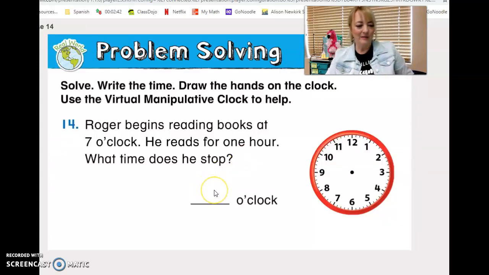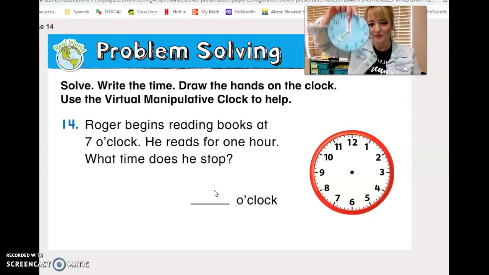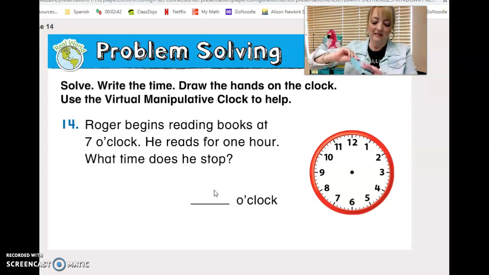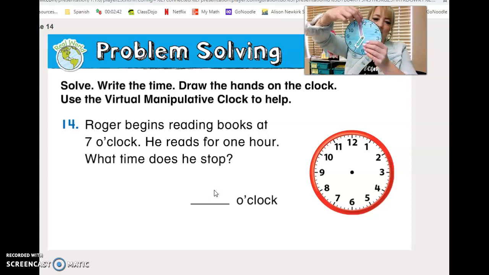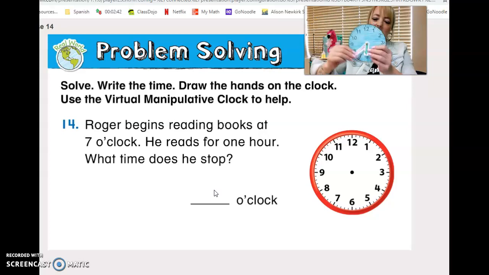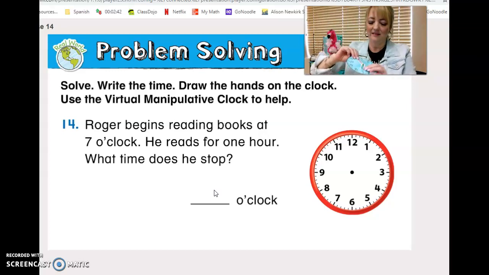Roger begins reading books at 7 o'clock. He reads for 1 hour. I hope you guys are reading. What time does he stop? So 7 o'clock. Please show that on your paper clock. Put it right at the 7. He reads for 1 hour, which means the minute hand would go all the way around. Nope, sorry, not 7 o'clock, we already showed that.